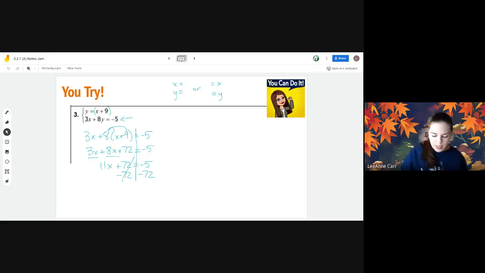And when we do that, we're left with 11x on this side. I got to extend that line. And -77 on this side. So for our final step to get x all by itself, we're going to divide by 11 to give us our answer of x equals -7.